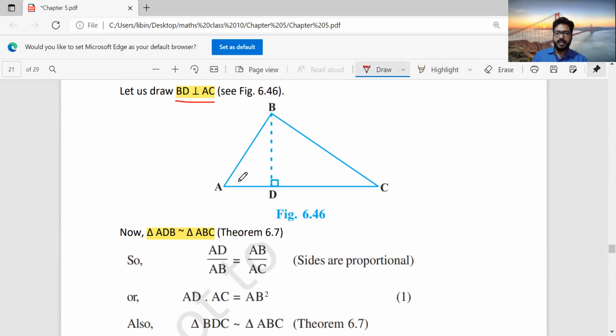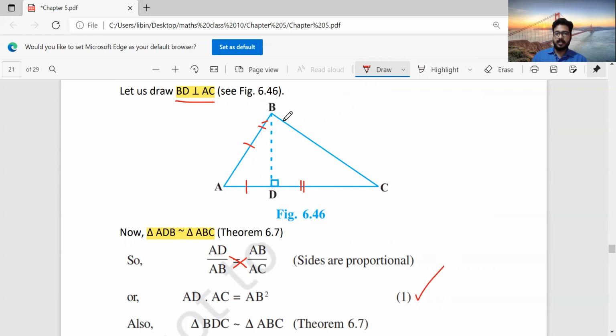That is for the first triangle. Then the next triangle, AD by AB, so we are taking AB again, second case AB by AC. Clear? So we are cross multiplying it. We can see that AD into AC is equal to AB squared, and we are calling it equation 1.